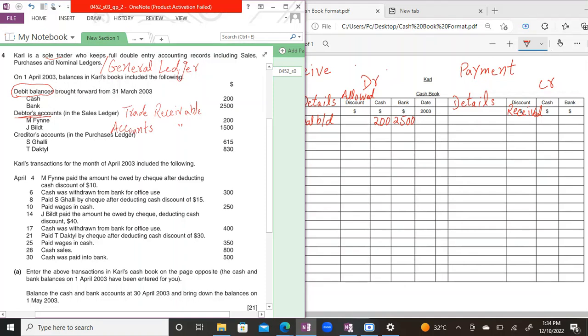And similarly, when you take this word creditors, creditors means trade payable, or another word is accounts payable.